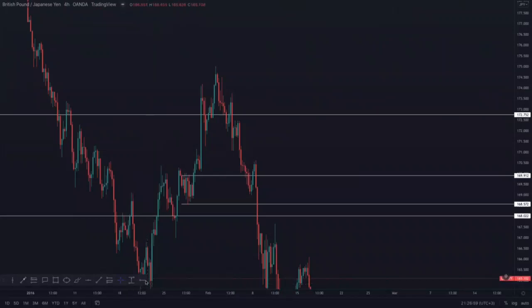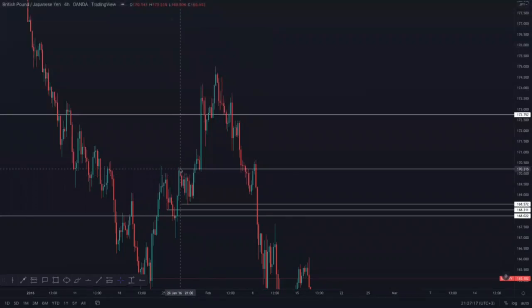So we can see right here we have a hidden invalidation right here. And our invalidation, we will squeeze this line to our entry right here.